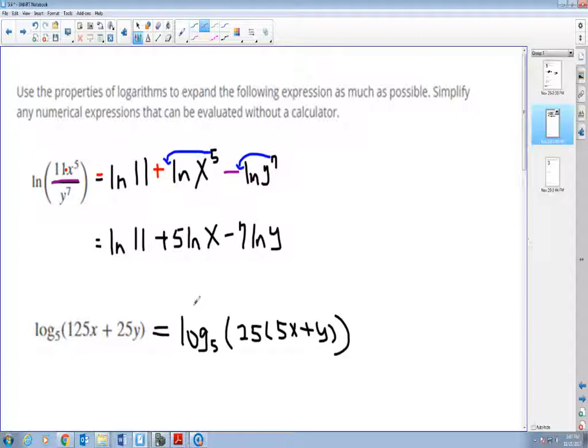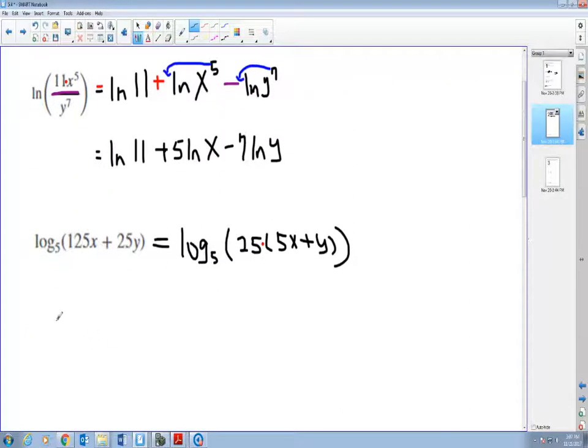Now in the parenthesis of my logarithm I have a multiplication, so I can begin to split them as log with the base 5 of 25 plus log with the base 5 of 5x plus y.